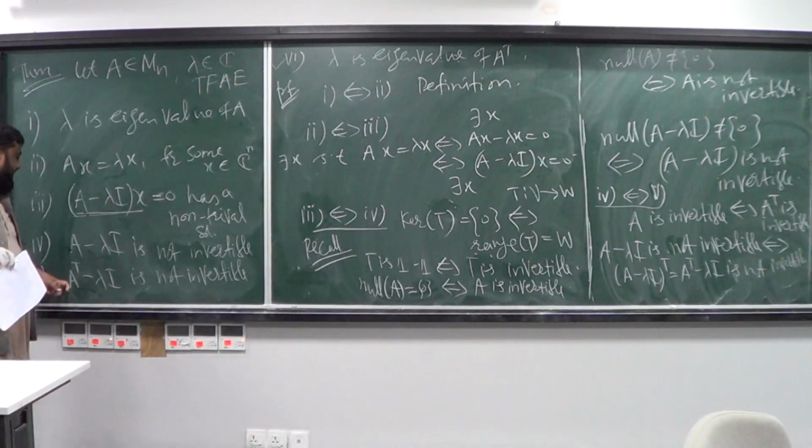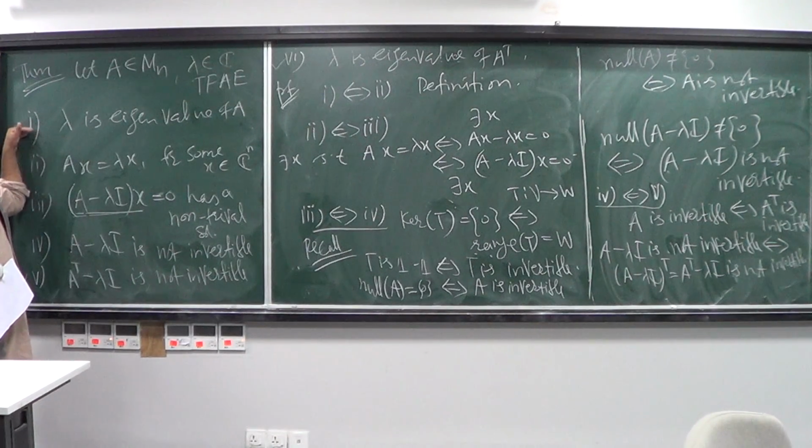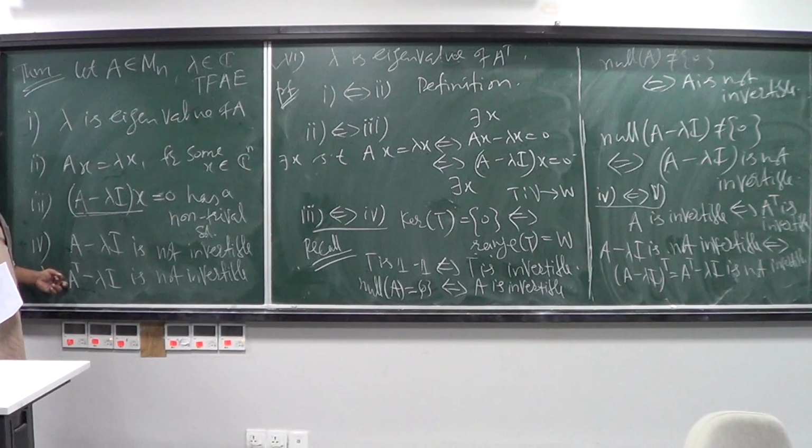Now I know that A transpose minus lambda I is not invertible. So by equivalence of 1 and 4, it follows that lambda is an eigenvalue of the matrix A transpose. And if lambda is the eigenvalue of the matrix A transpose, then A transpose minus lambda I is not invertible. So this is also true from 1 and 4.